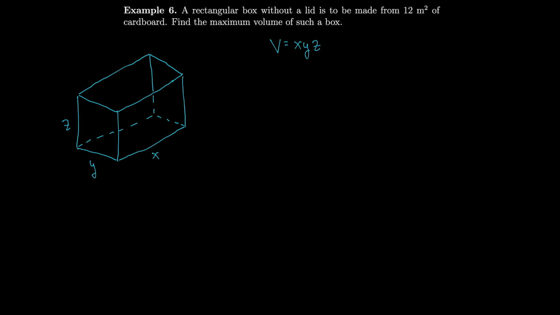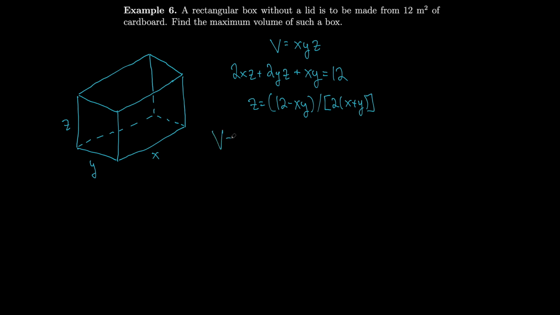So our surface area is 2xz plus 2yz plus 1xy, and that equals 12, because I told us it'd be 12 square meters. So we solve for z, and we get that z is equal to (12 minus xy) divided by 2 times (x plus y).